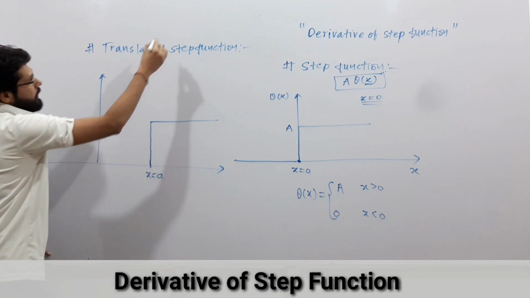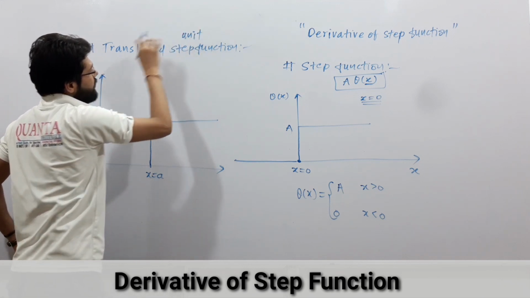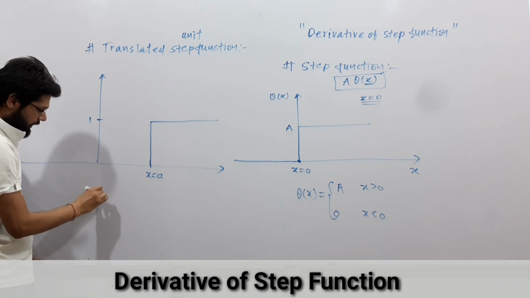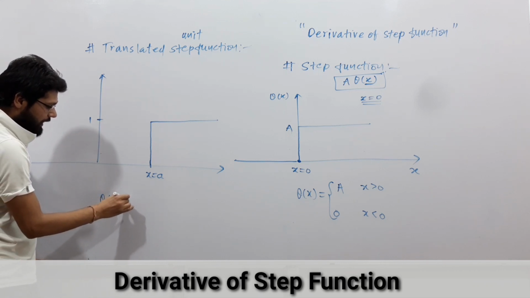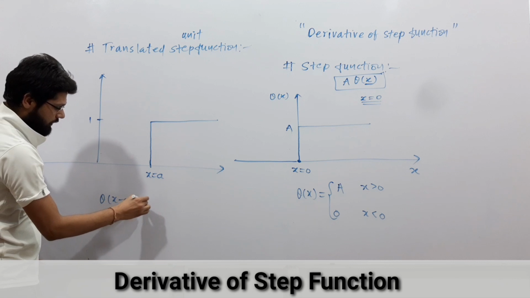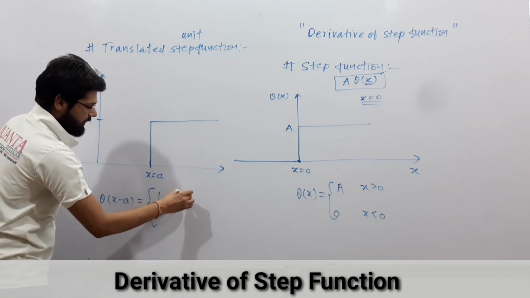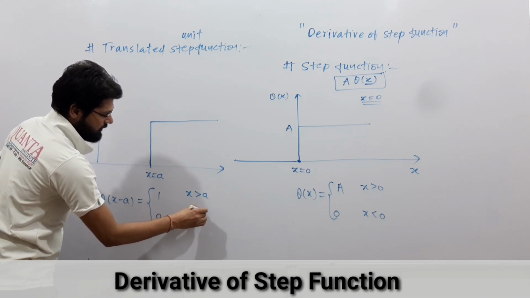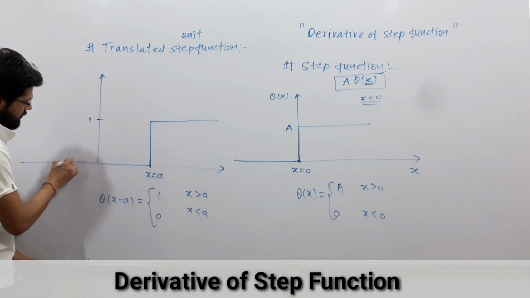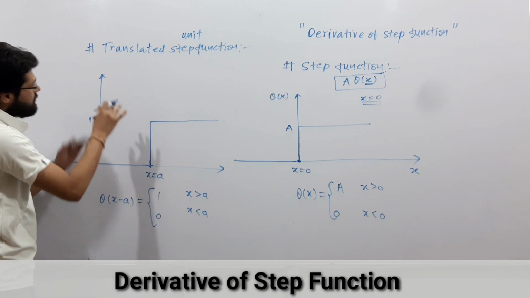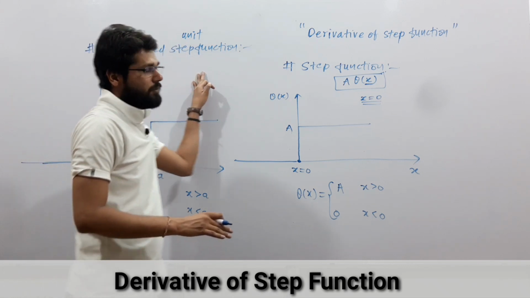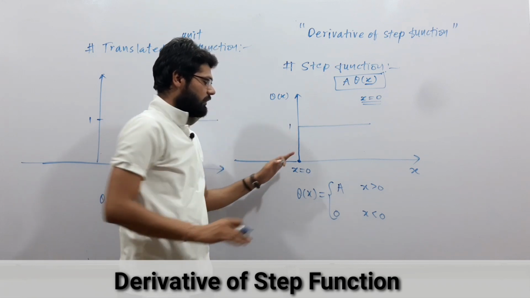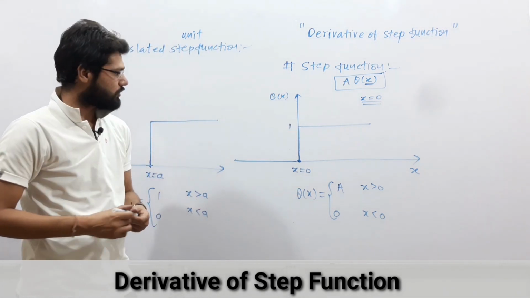If it is a unit translated step function, then it is defined as theta of x minus a: it will be 1 if x is greater than a, and 0 if x is less than a. So this is the translated unit step function, and that is the unit step function defined at x equal to 0.